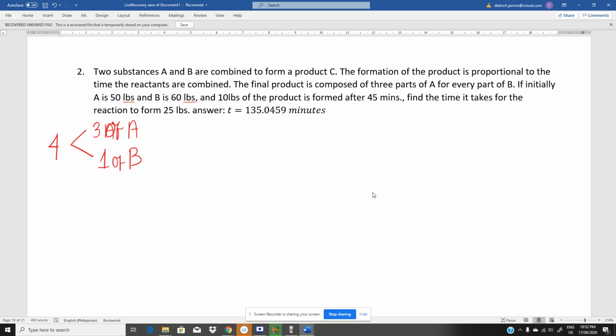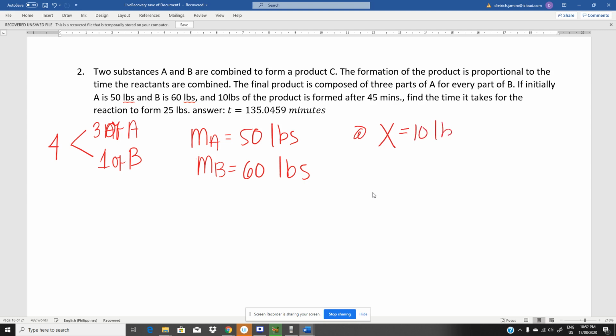If initially A is 50 pounds, so we are given that M sub A is equal to 50, and M sub B is equal to 60 pounds, and 10 pounds of the product is formed after 45 minutes. So x is 10 pounds, and our t is 45 minutes.